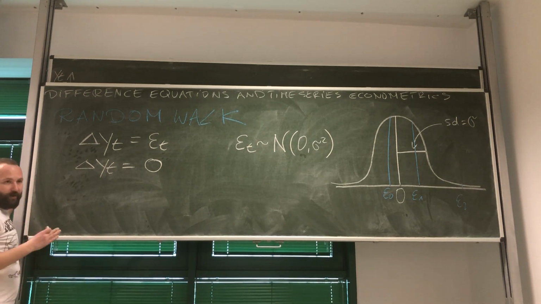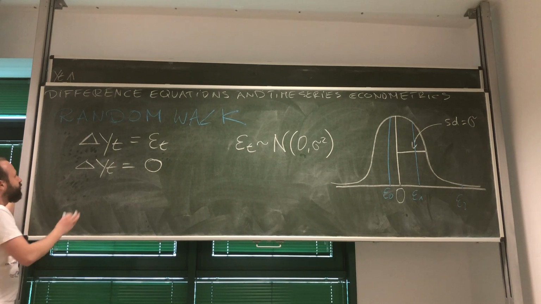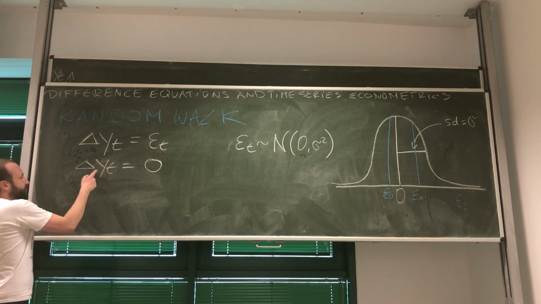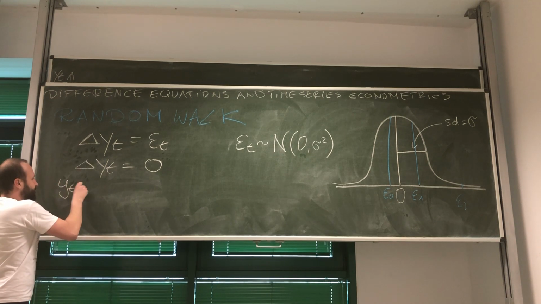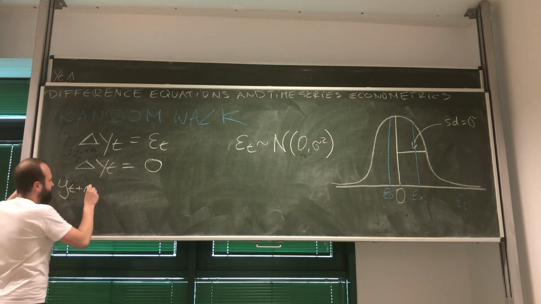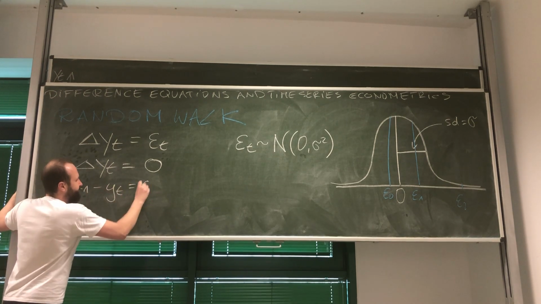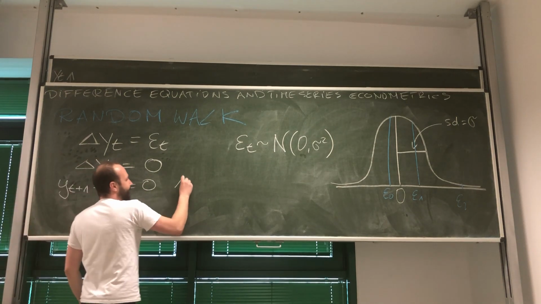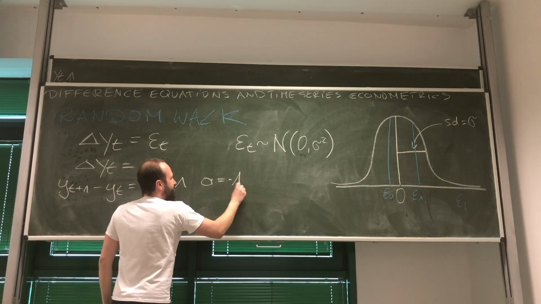I can already easily rewrite it into a form that is more convenient for the solution. So, for example, this is the same as y_{t+1} minus y_t equals 0. And what is our a over here?